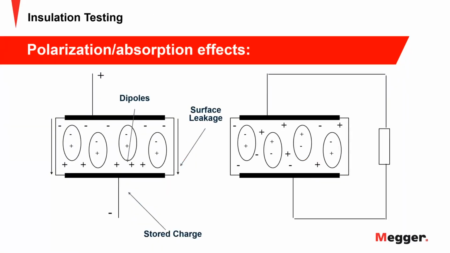This is just another portrayal. Remember, you have dipoles, you have charges in your insulating material. In its normal operating state, that charge is random. But when you apply the DC voltage across it, you're now polarizing it. The positive ends of the molecules try to turn towards the negative plate and vice versa.